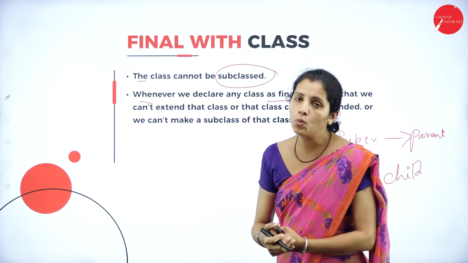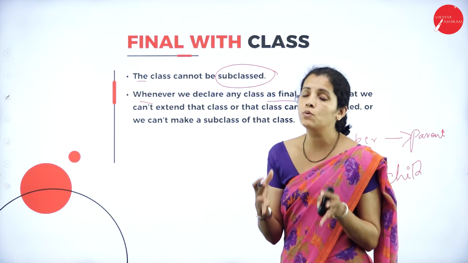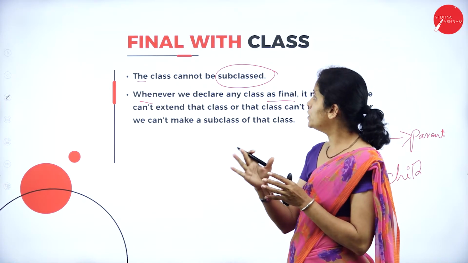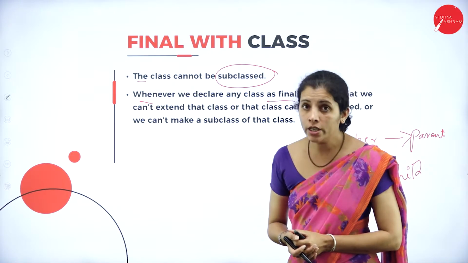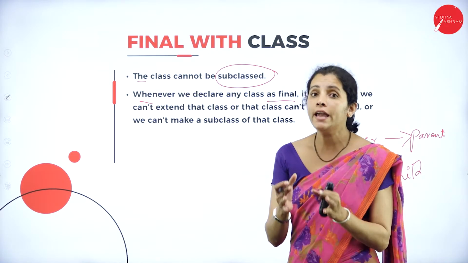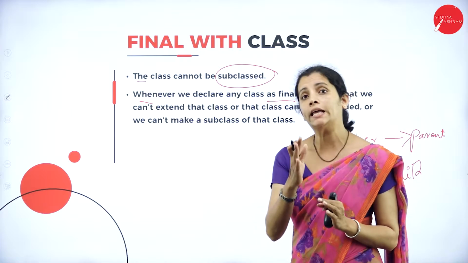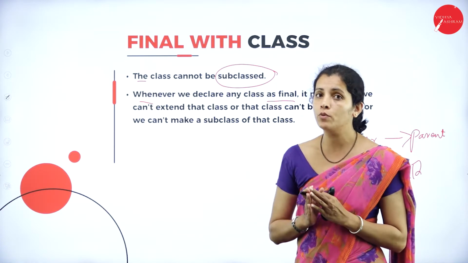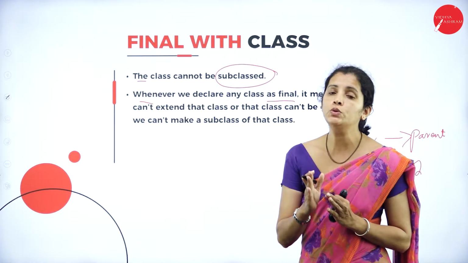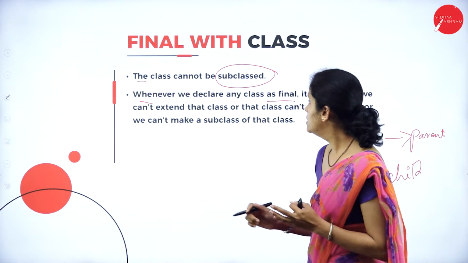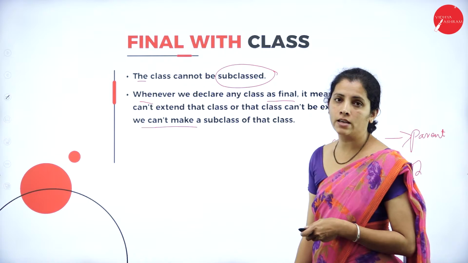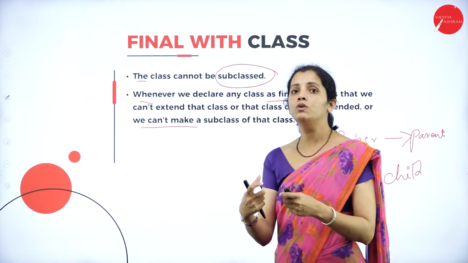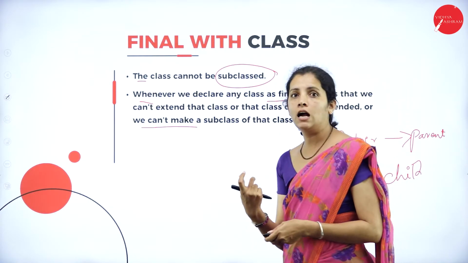Suppose I don't want to extend the class, then I'm going to use the keyword final. So we cannot make a subclass of that, which means I cannot extend the class.